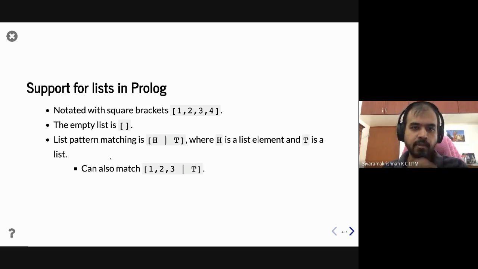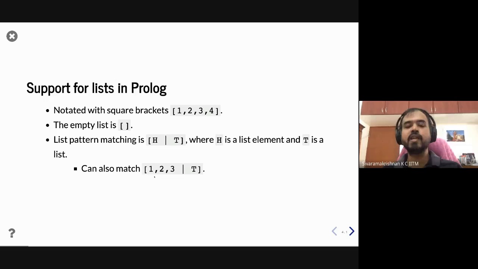List pattern matching is written with an open square bracket, a head element, then a vertical bar, and then the tail list. This pattern unifies with a list which has at least 1 element, and the first element is going to be unified with the variable H, and the tail of the list is going to be unified with T. So H is a list element and T is a list, the tail of the list.